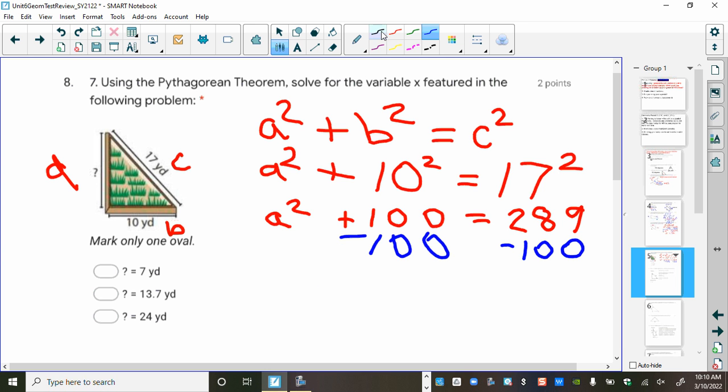What's 289 minus 100? 189. Remember, you got to be careful with that subtraction. So if we took the square root of 189, 13.7. Yep.